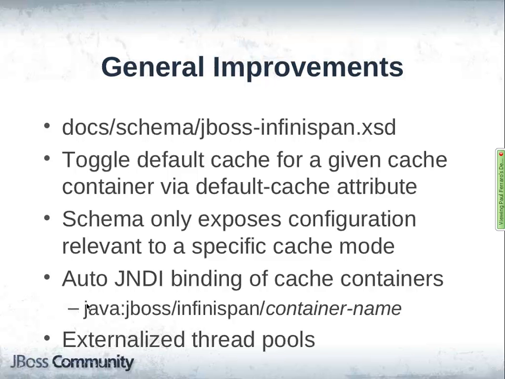What's actually being bound is a reference to a factory which knows how to create and start the service. So I can create the JNDI bindings ahead of time, but the services that they represent don't actually get started until they're first looked up. And I'm going to show you in a couple slides how we leverage that to do some interesting things. So other improvements, we can also externalize thread pools the same way we did in JGroups.